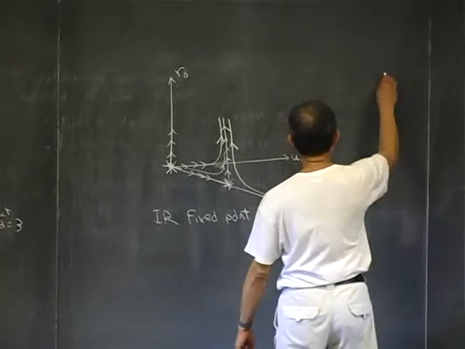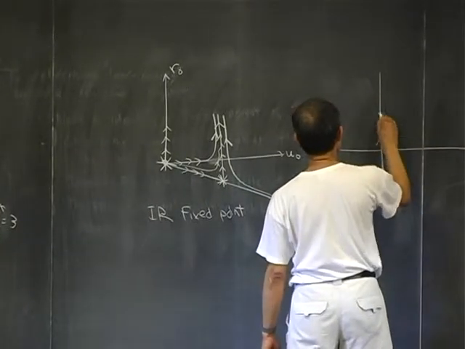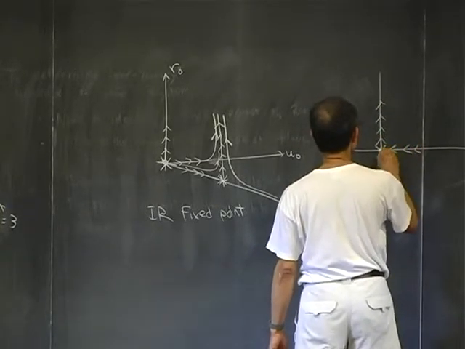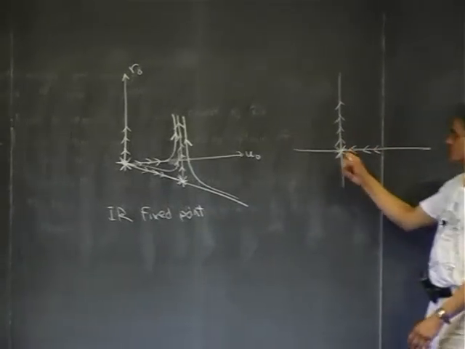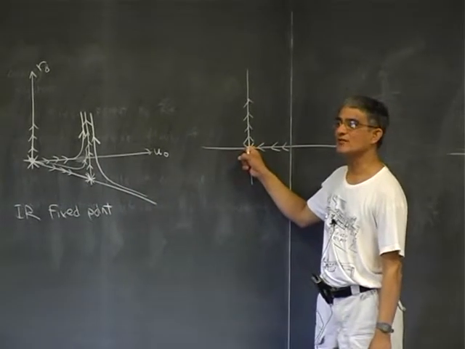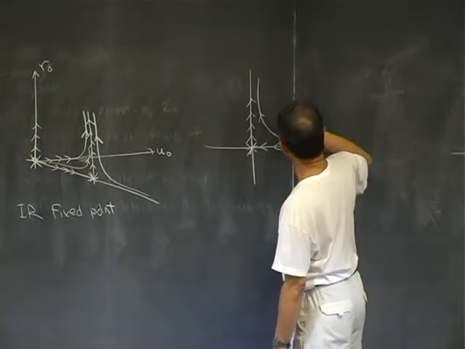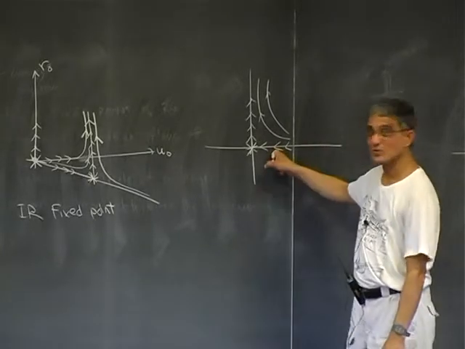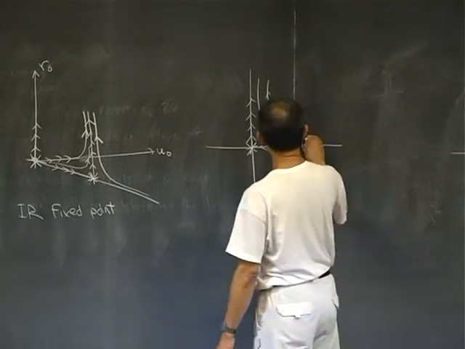In a similar way, if I had a picture which is like that, coming to a fixed point, then you would say, oh, it's very happy. This one has just one relevant perturbation, so I know all the flows are sort of like that. However, you have to ask the question: does this come from infinity, or does it also start from another fixed point?